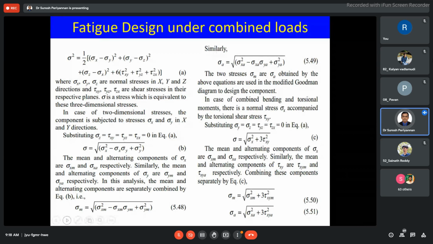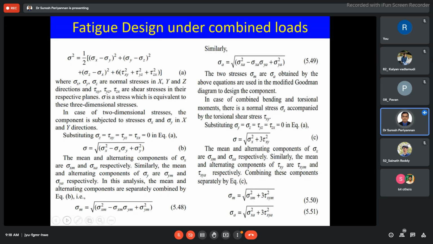We discussed axial or bending separately in case 1, and fluctuating torsional stresses separately in the earlier case, right? But we cannot expect the component to always see a separate load like axial bending only, or torsional fluctuating stresses only. It may be combined, both.